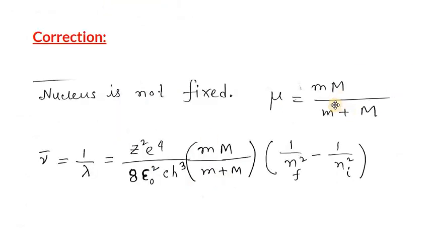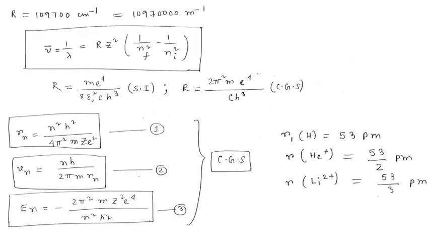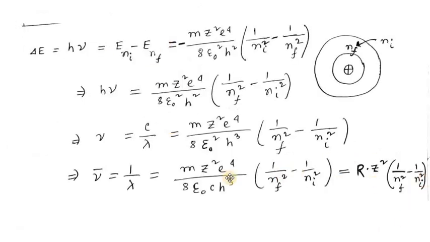But a little bit of correction is needed in the Bohr theory. When we got the Rydberg equation, if you put the value of R, then you will get the equation like this. So here we are getting the m, that means the mass of electron.